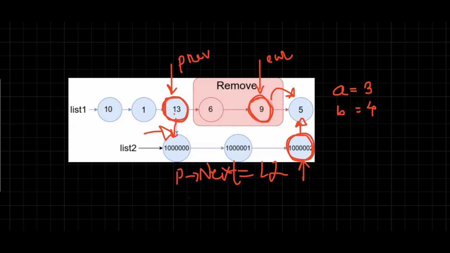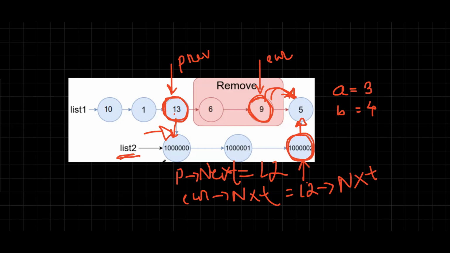And similarly, the next of current, that means this element 5, will be the next pointer of the list node. Suppose the list node pointer's name is L2, and its next is L2 next.